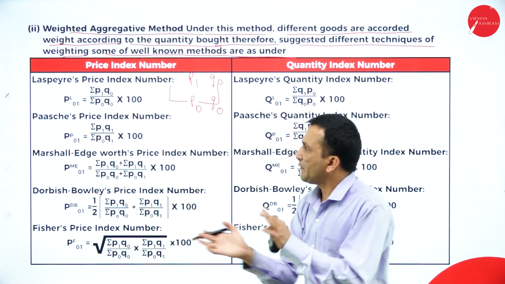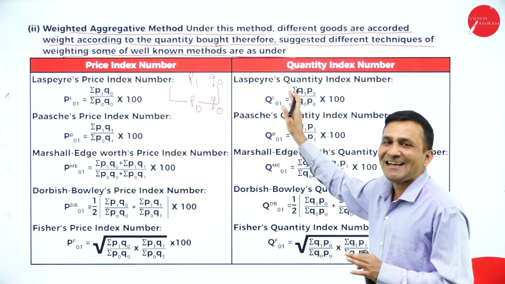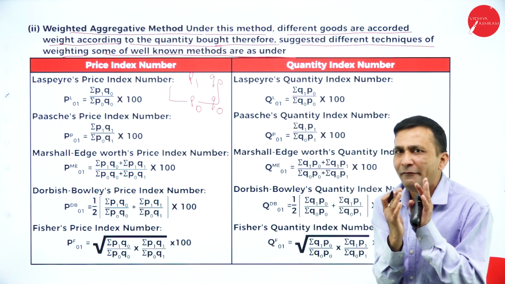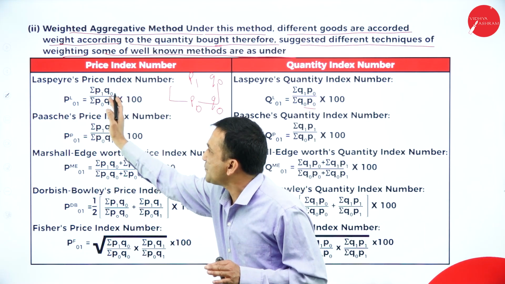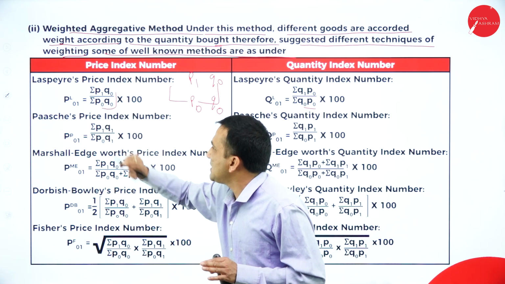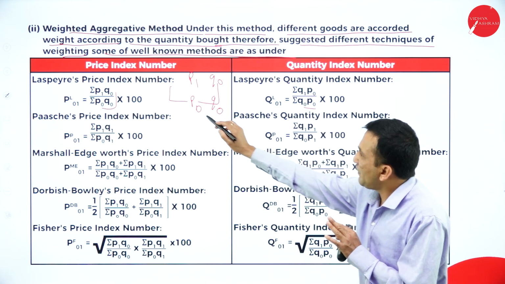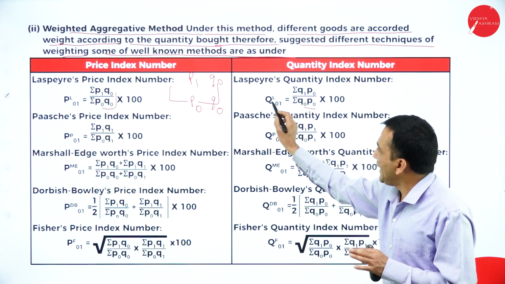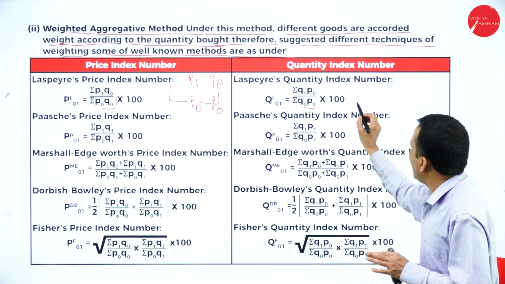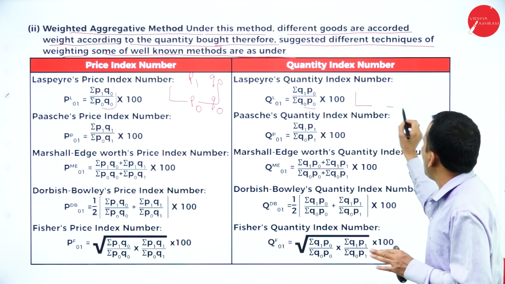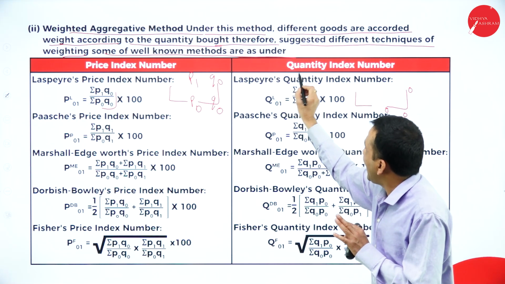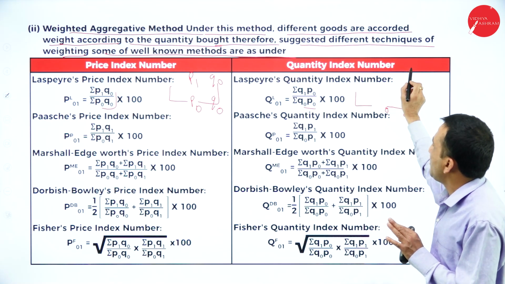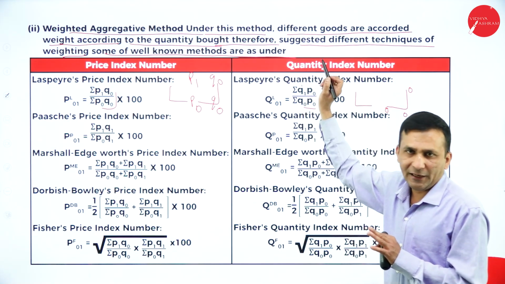So first, price index. In case of quantity index, what are we giving? We are giving a weight for the price. In case of Laspeyres, the weight is given for the base year, and here the base year quantity. Here quantity index means the same thing. So Laspeyres symbolically we are writing in reverse, 0 0 0, but it is very clear that for the quantity index number, quantity we write first, that's it.